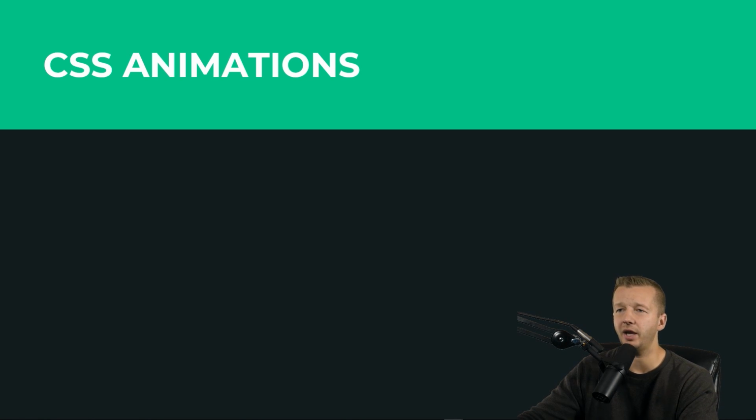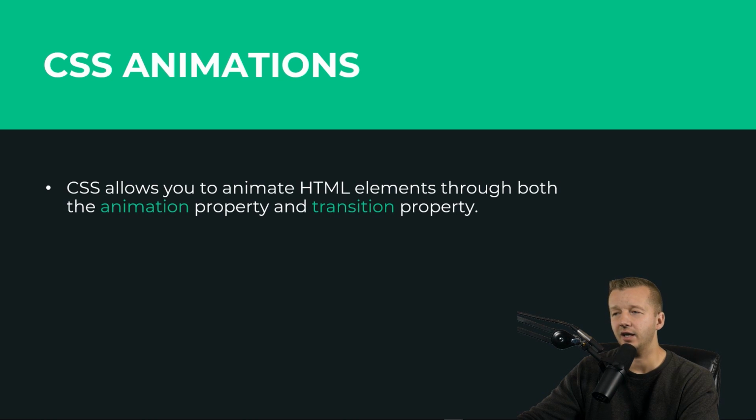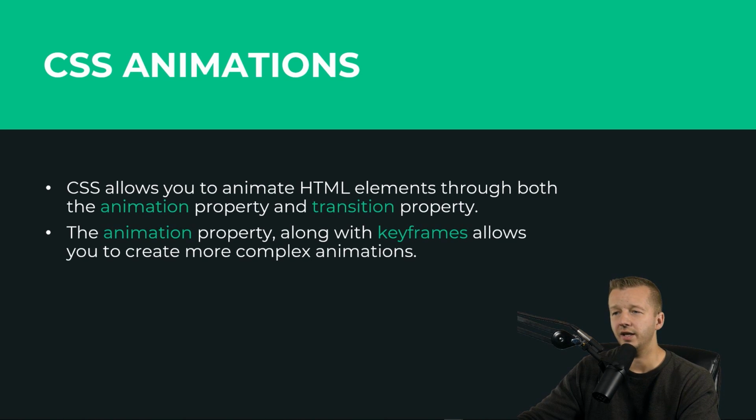CSS also has animations, which we're going to implement in a very simple manner with our document. They allow you to animate these HTML elements through both the animation property and the transition property. The animation property, along with keyframes, allows you to create more complex animations.